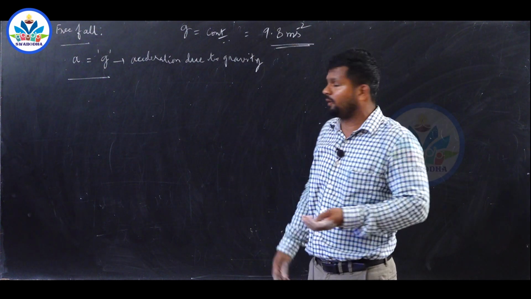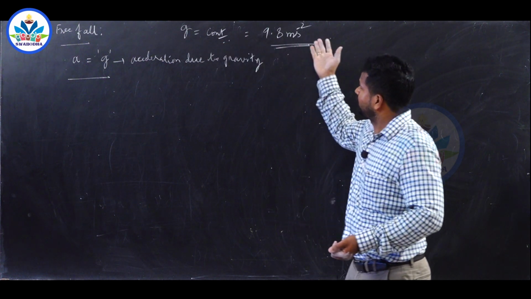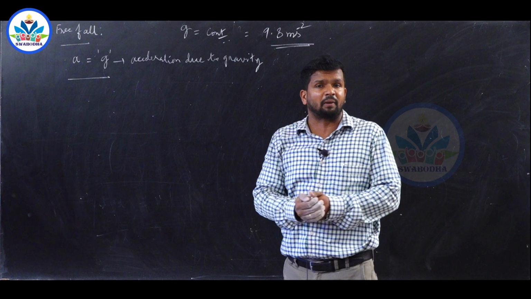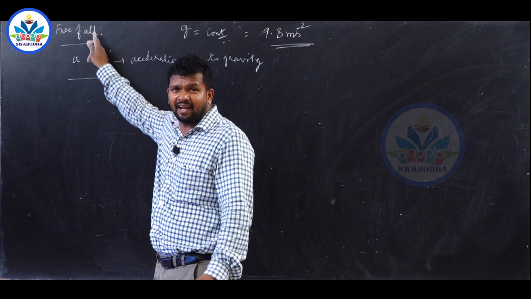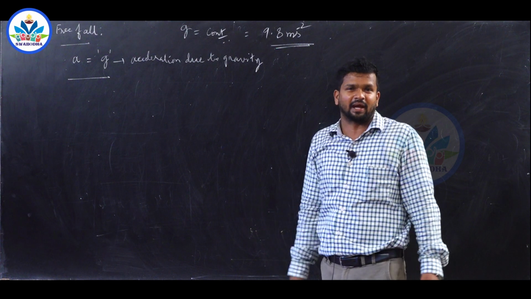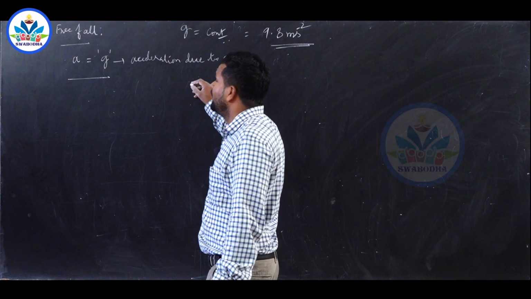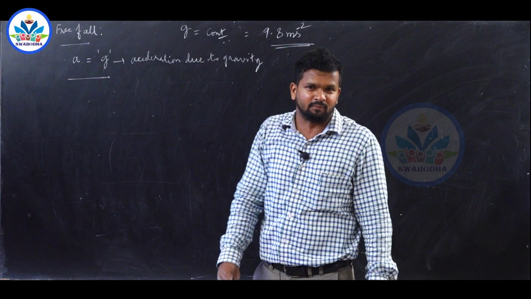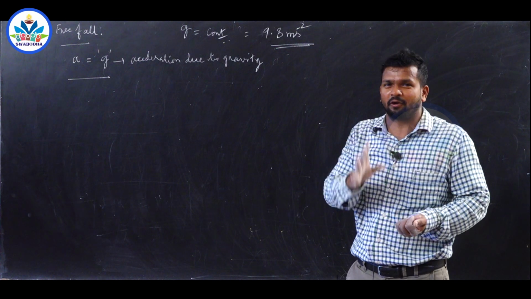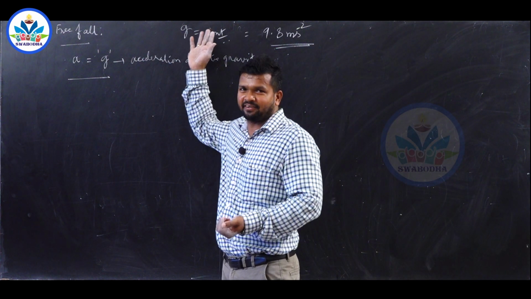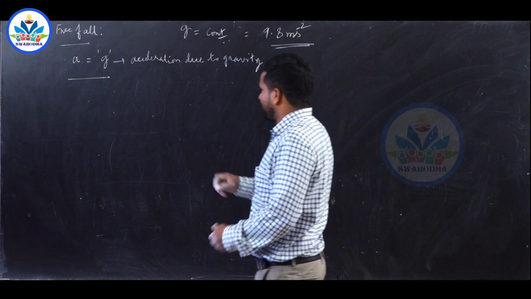The earth's radius is huge, so acceleration due to gravity can be assumed constant, equal to 9.8 meter per second square. And no doubt free fall, neglecting air resistance, comes under the same category. This is also a case of uniformly accelerated motion. The body is moving with constant acceleration g, not a, which is equal to 9.8 meter per second square.